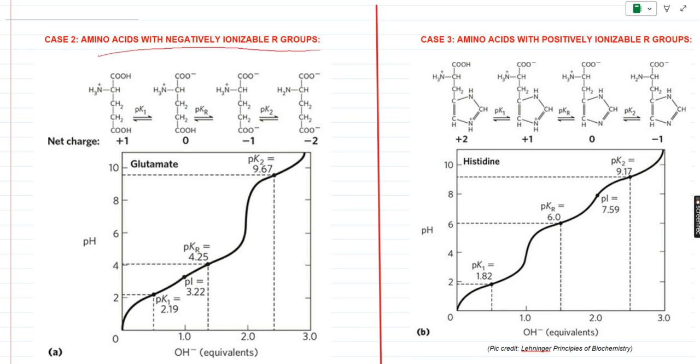If you see the titration curve of glutamate as one such example, there are going to be three stages in the titration curve rather than two that we saw in glycine. At very low pH, the predominant form is fully protonated. All the carboxylic acid groups are protonated, and the amino group is also protonated as NH3 plus. So the net charge will be +1.